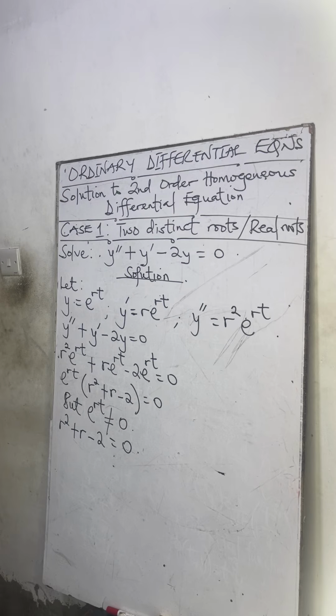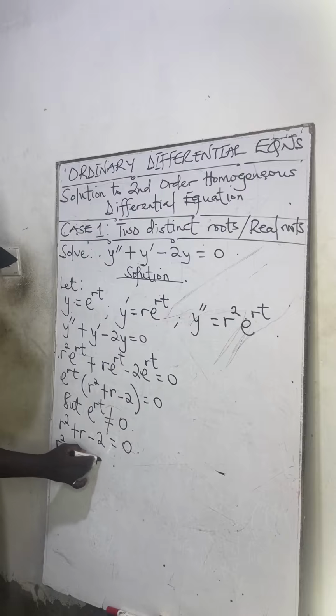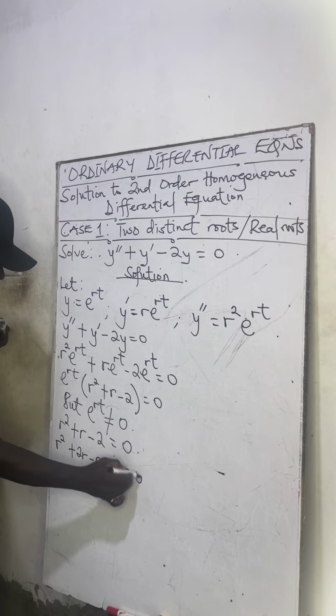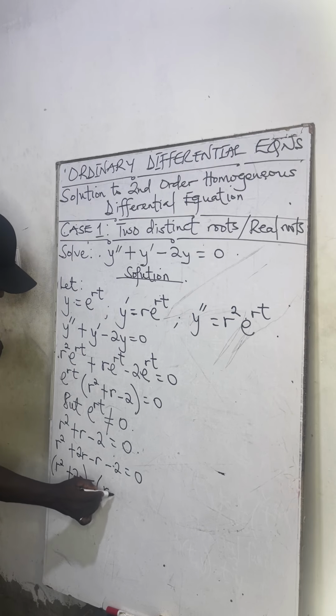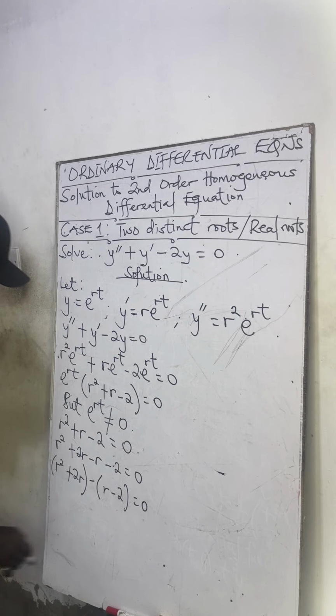So which means I have r squared plus, no, this one will be 2r, then minus r minus 2 equals 0. Why? Because 2r minus r is positive r. So I put that in bracket. So I factorize r out.